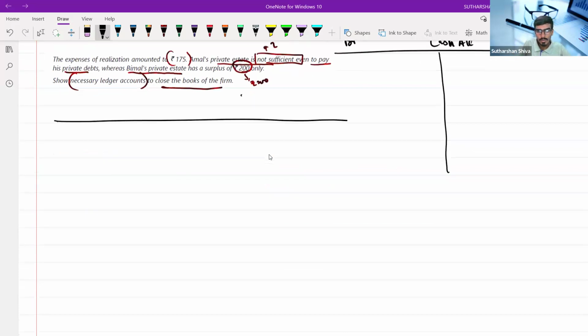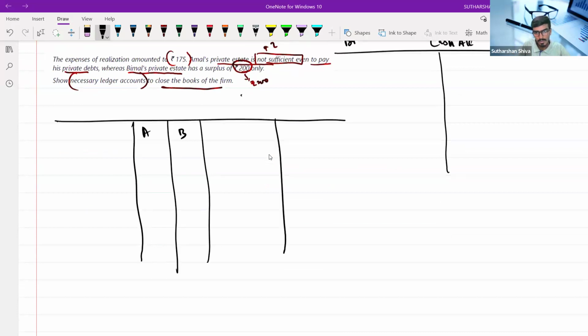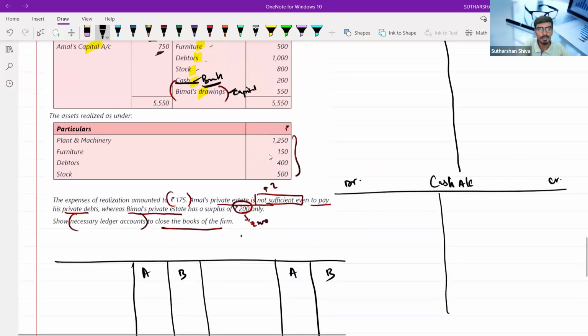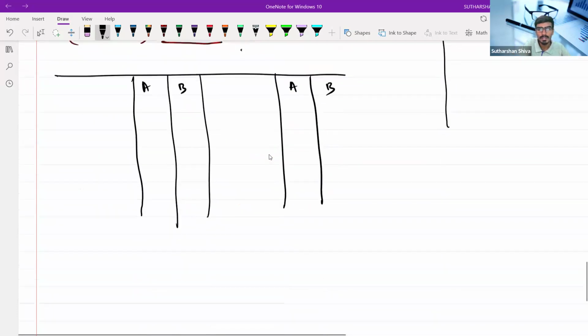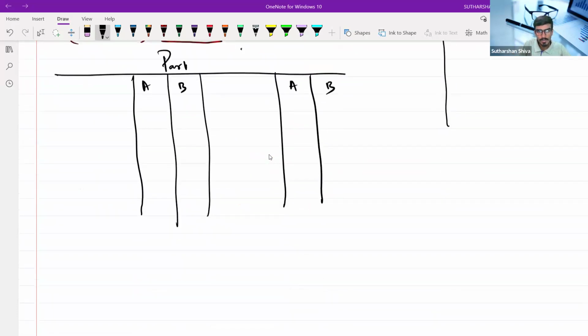The third account will be the partners' capital account, Amal and Bimal, AB. I will keep it as AB.